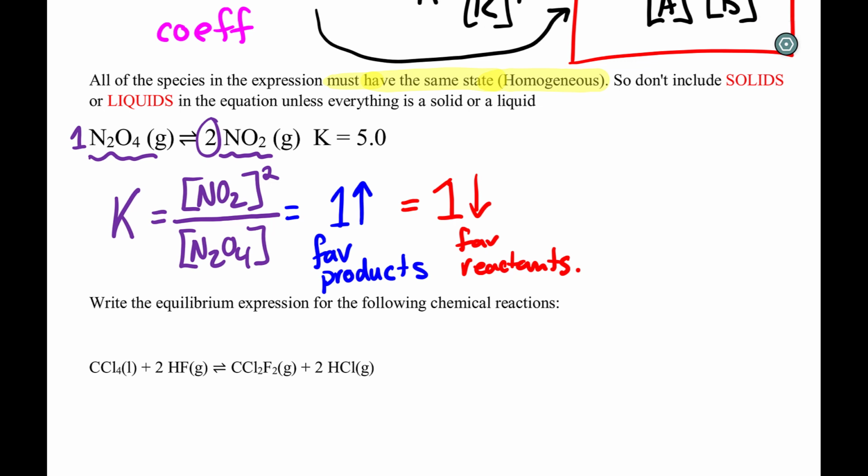Now, if you're a bit confused, you said, but I think they're supposed to be equal. Aren't they supposed to be equal? My answer to you is this. It's not the concentrations that are equal to one another. It's the fact that the concentrations are unchanging during the reaction. I do not need to have the same number of products as I have reactants.